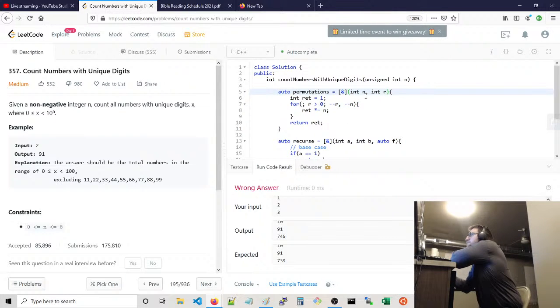So when r is 2 and n is 2, you get 2, right? Then it goes to 1, 1 is greater, and then, yeah, that should be fine.